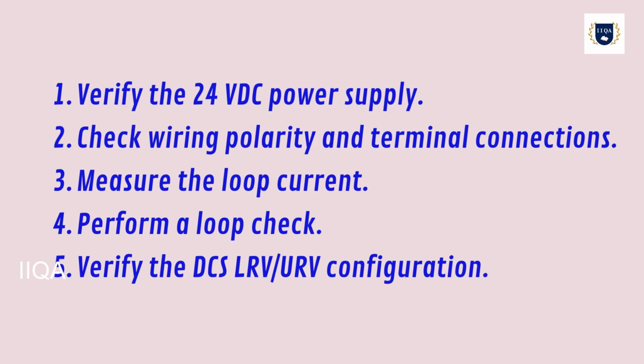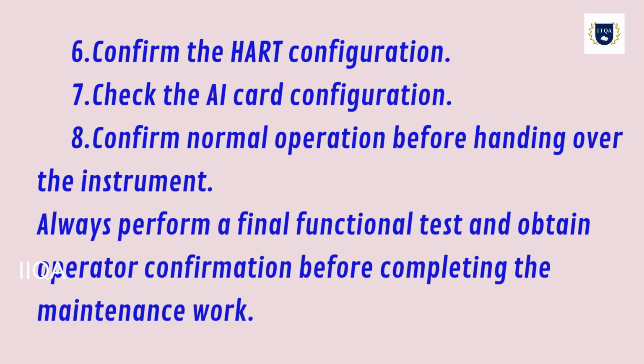Perform a loop check. 5. Verify the DCS LRV-URV configuration. 6. Confirm the HART configuration. 7. Check the AI card configuration. 8. Confirm normal operation before handing over the instrument. Always perform a final functional test and obtain operator confirmation before completing the maintenance work.